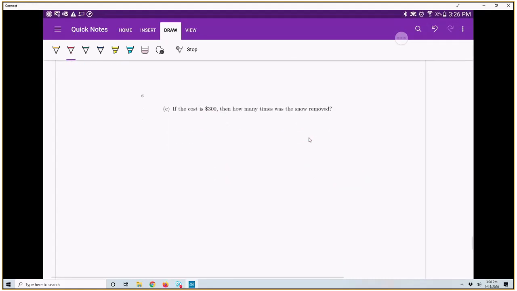Finally, it says if the cost is $300, then how many times was the snow removed? So now we can replace y by 300 and solve for x, because x is how many times. So I know I want to solve for x.